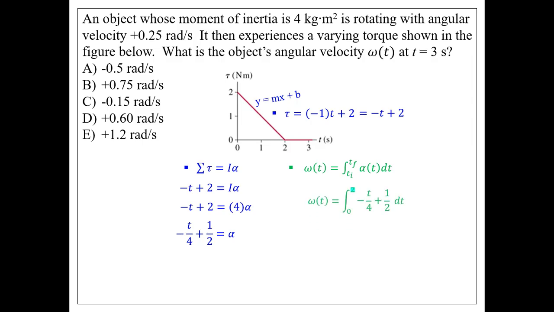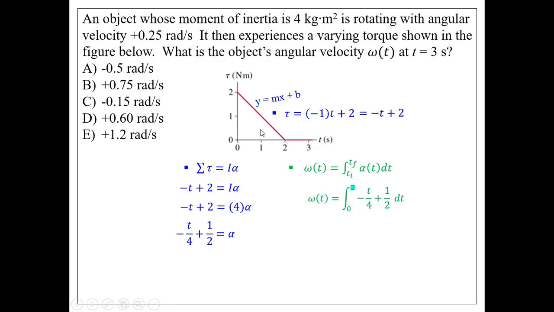So here I'm just going to plug in my alpha. Alpha is -t over 4 plus 1/2, which is right here where I'm circling back and forth, right? And then you're going to integrate this with respect to time, of course, because time is your independent variable. I highlight the 2 here because this is important, right? The torque is varying between 0 and 2 seconds because at 2 seconds, the torque gets to 0 and it actually stays 0 for the rest of the graph.